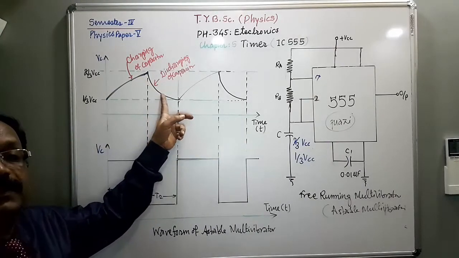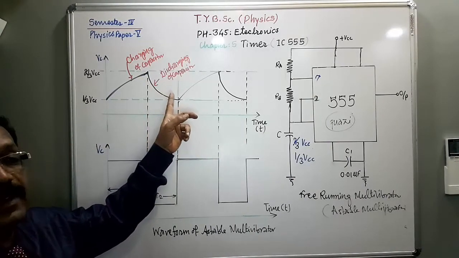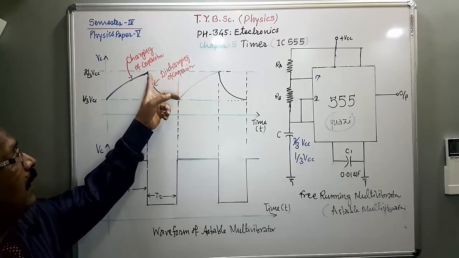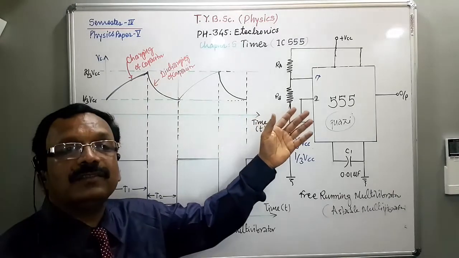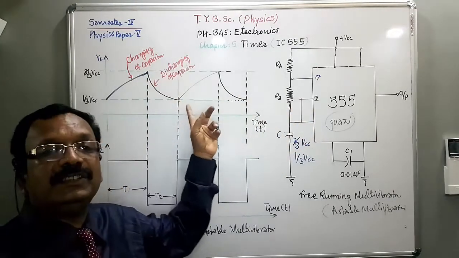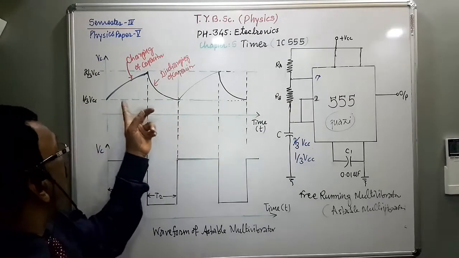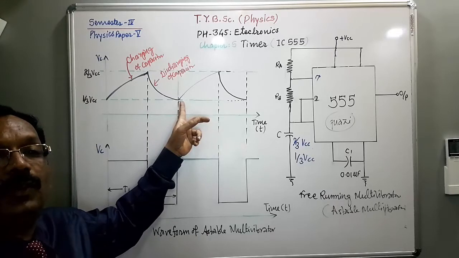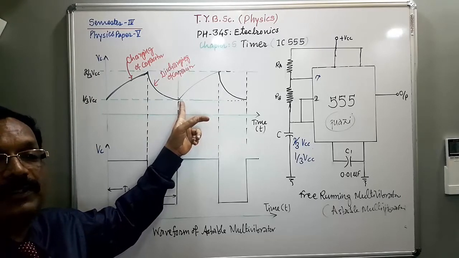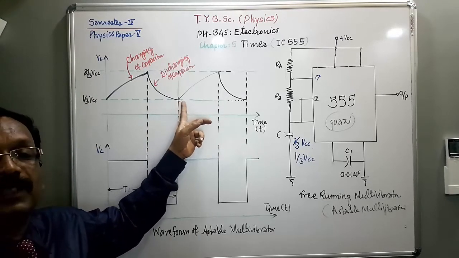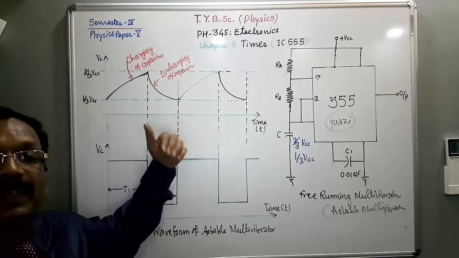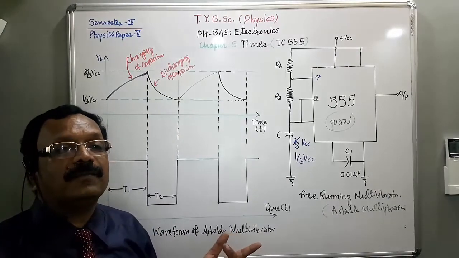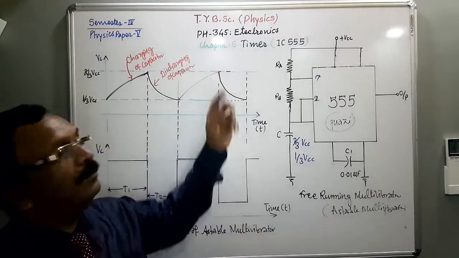This is the curve: when the threshold voltage reaches 2/3 VCC, the transistor is on and the capacitor starts to discharge. It does not go to 0, but just reaches 1/3 VCC, and when the voltage across the capacitor goes below 1/3 VCC, the capacitor again starts charging, and this charging is again shown by this curve.